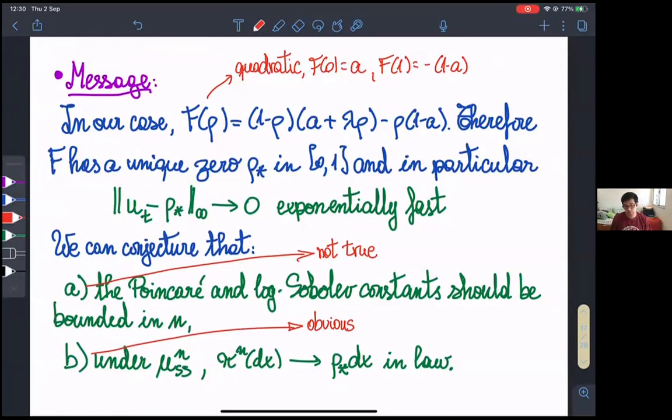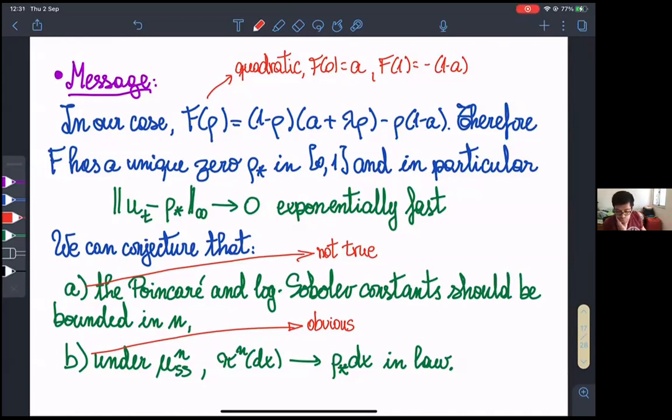The first observation is that, as you may imagine, I chose the reaction rates in such a way that there is only one zero on the interval 0, 1. It's more or less easy to see, because you can compute f explicitly: it's just an expectation with respect to these Bernoulli measures, and you get this formula.